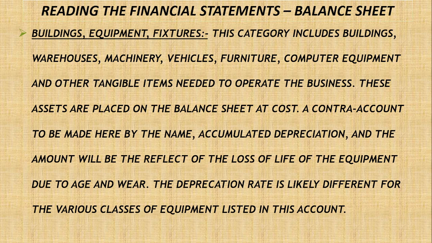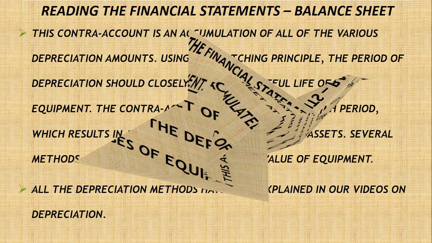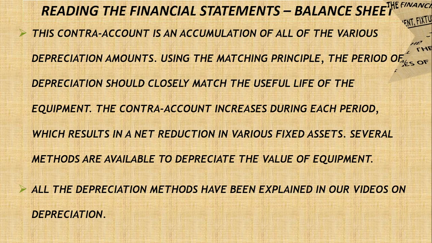The depreciation rate is likely different for various classes of equipment listed in this account. This contra account is an accumulation of all of the various depreciation amounts. Using the matching principle, the period of depreciation should closely match the useful life of the equipment.